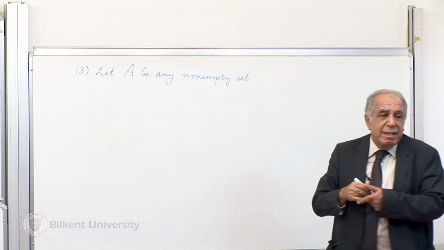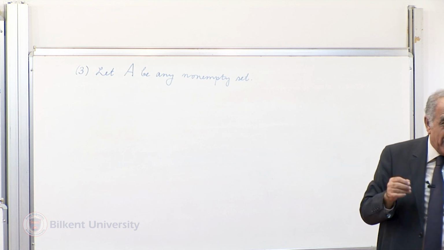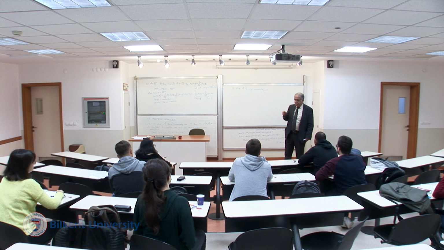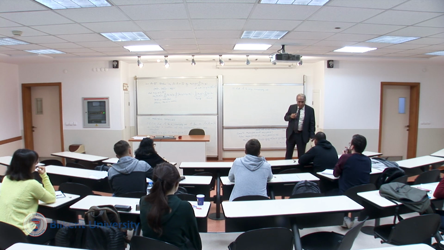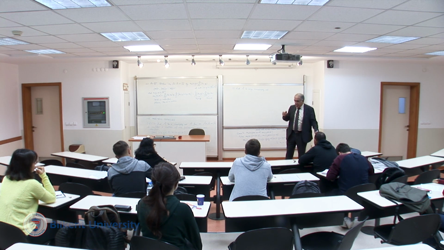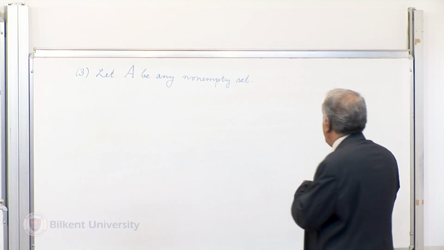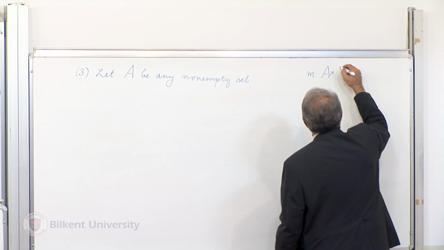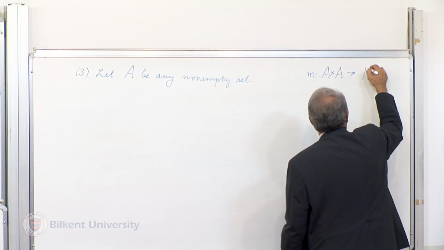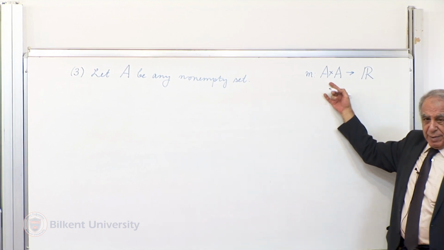Well, if A is a singleton, has just one member, there is just one trivial metric because the Cartesian product of that set with itself is just (x, x), and no matter what metric you define, Mxx must be 0. But if it has at least two members, then we can ask, what is a minimal range in R for this function to be able to be a metric?